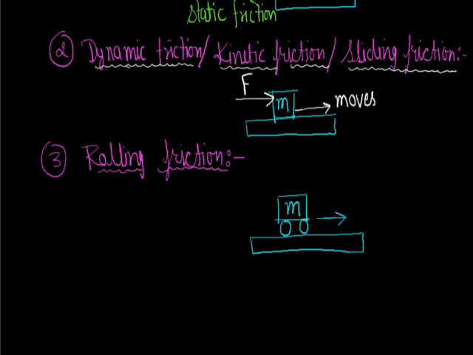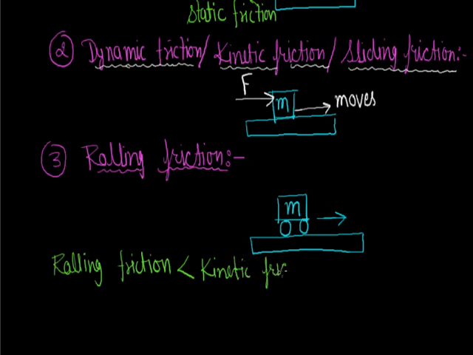So we can say here the rolling friction is less than kinetic friction or static friction. And one conclusion is also here that kinetic friction is always less than static friction.